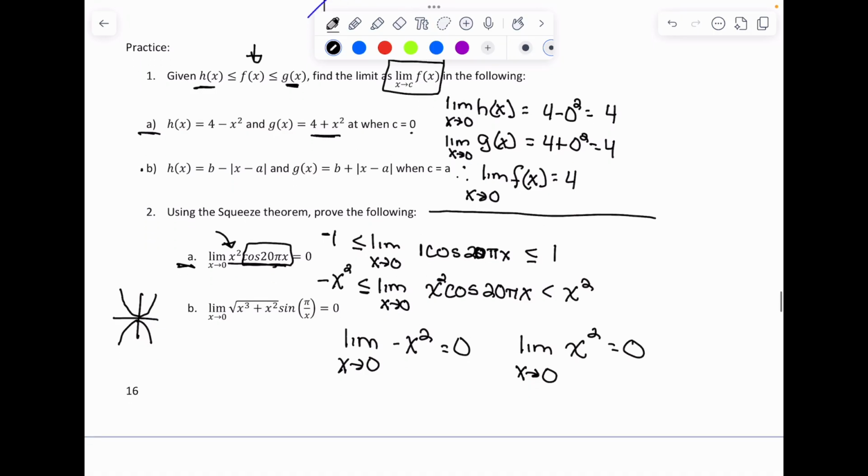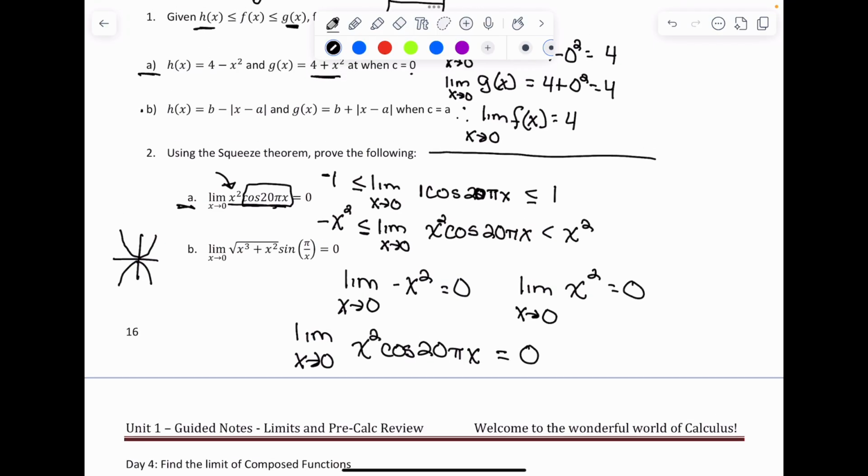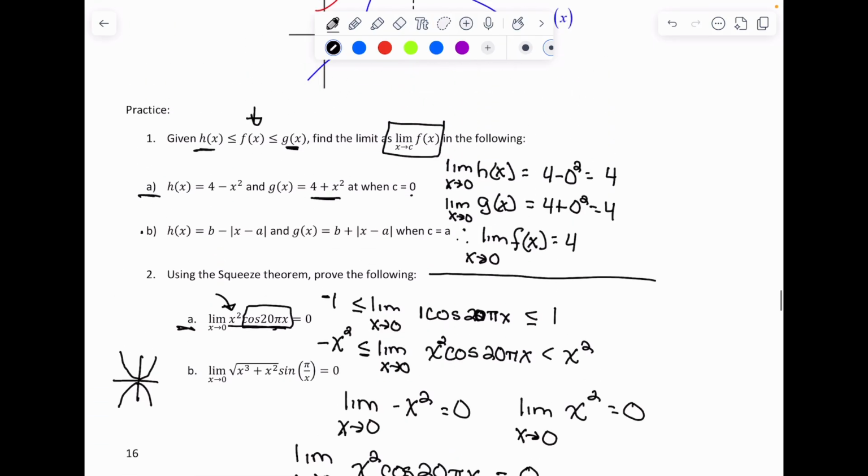And since those limits are the same, I can now say that the limit as x approaches 0 of x squared cosine 20 pi x is also 0. And I have proved that using the squeeze theorem, even though I could have proved it simply by doing a direct substitution. Okay, boys and girls, did you get that? I will see you tomorrow.